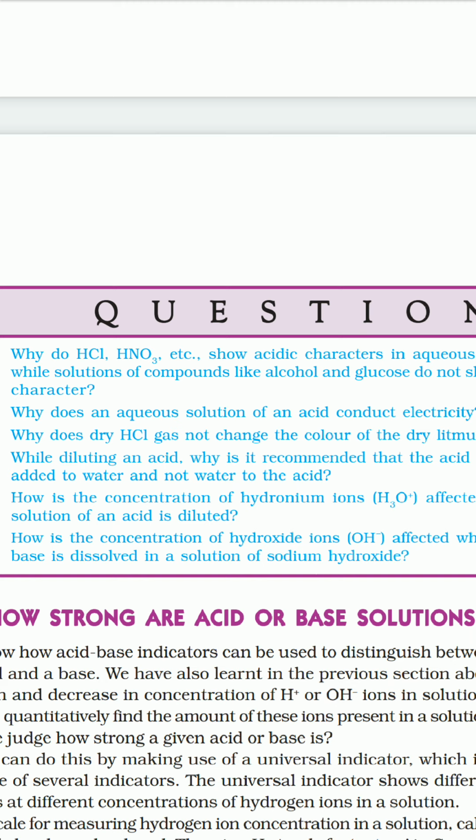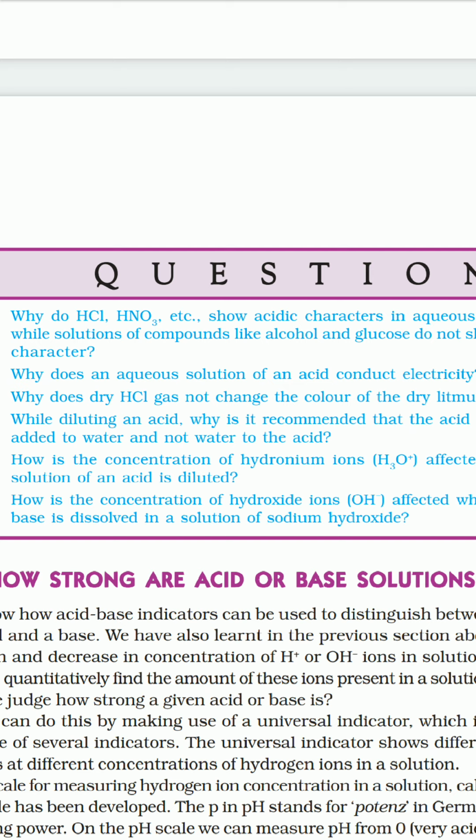Next is: how is the concentration of hydronium ions affected when a solution of an acid is diluted? An acid dissociates into hydronium ions and anions when dissolved in water. Upon dilution, the volume of the solution increases and the number of ions per unit volume decreases.